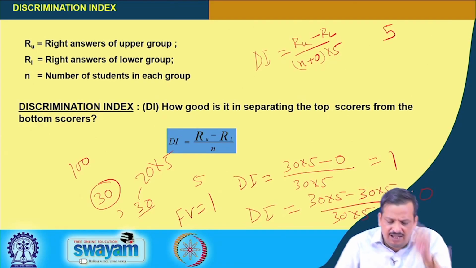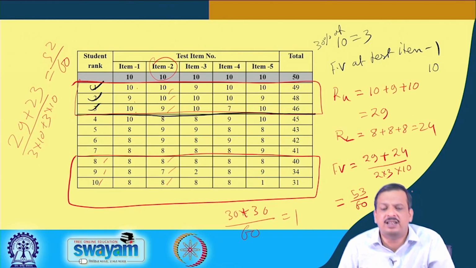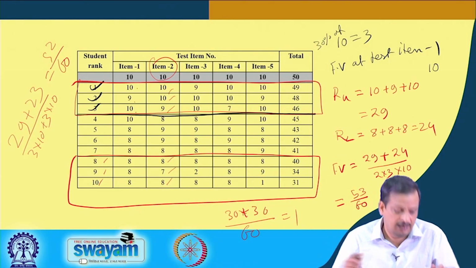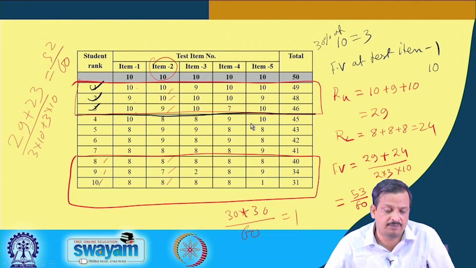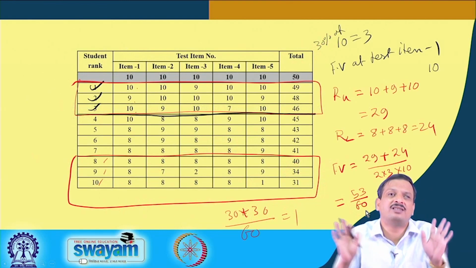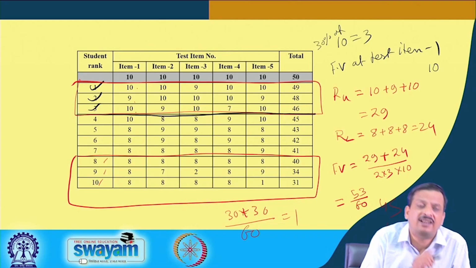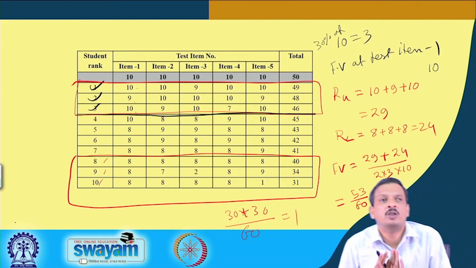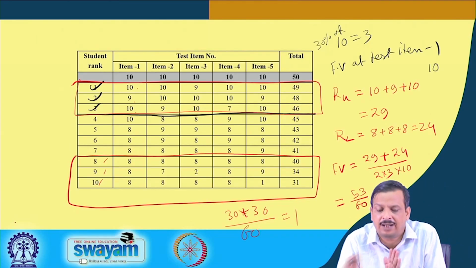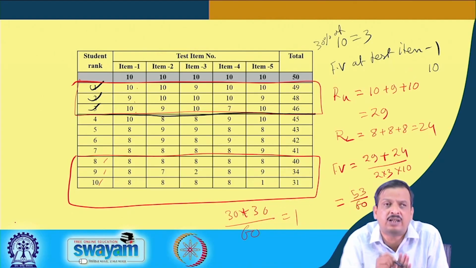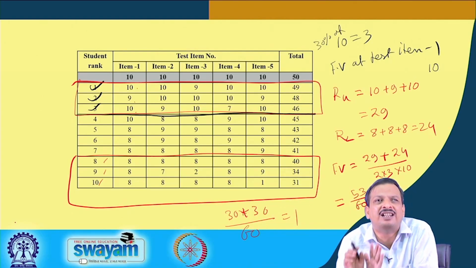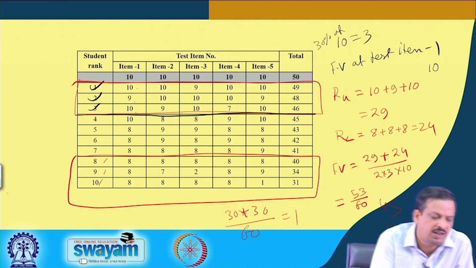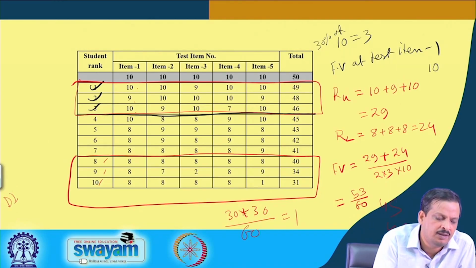Okay? Now, let me give an example, the same example here I can use. So, let us erase it first and then use this table. I want to calculate the DI value for this table. I have 10 students, and I have calculated the facilitation value for test item 1. Now, I want to calculate the DI value for test item 1. So, what is the DI value of test item 1?